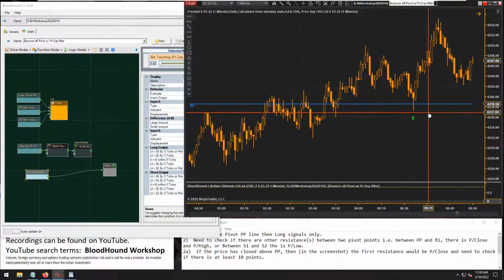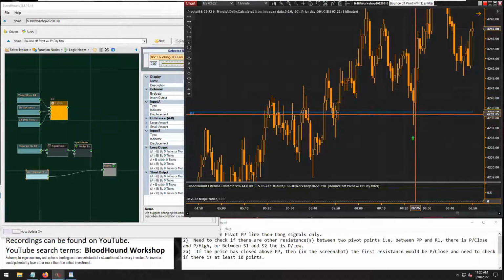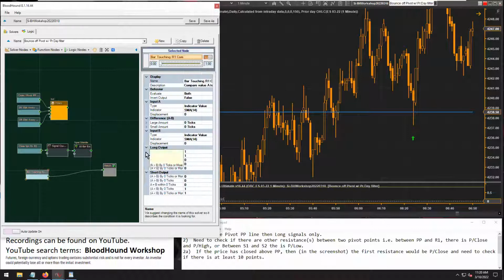So what defines a bar touching a line? Well, the low of the bar is going to be below the line, and the high of the bar is going to be above the line. Pretty simple.